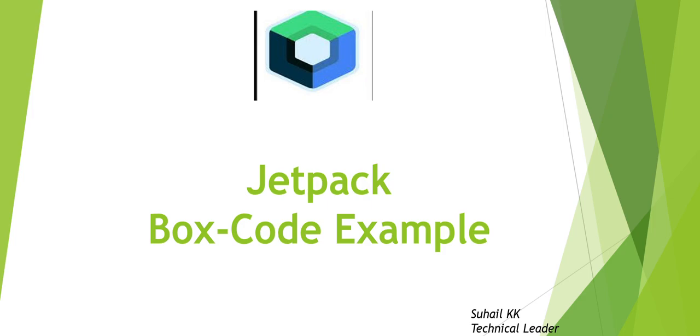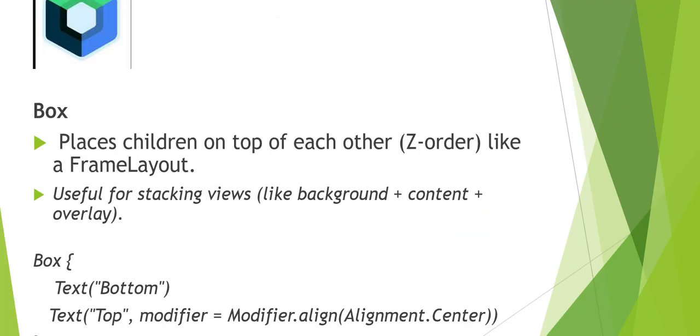Okay, so first we can recap what we learned in the previous session. We learned what a Box is. Box is used to place your children on top of each other in Z order, like a FrameLayout, and it is useful for stacking views like background, content, and overlay.